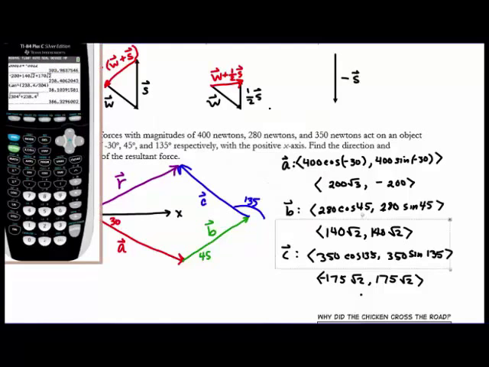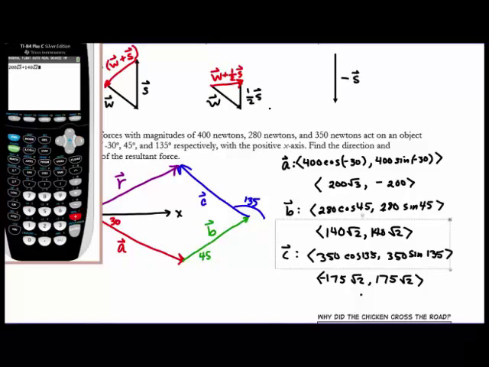So if I want to add these things together, I am going to have 200 root 3 plus 140 root 2 plus negative 175 root 2. And then I'm going to do the same thing with the y's.